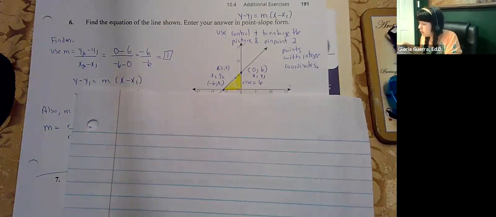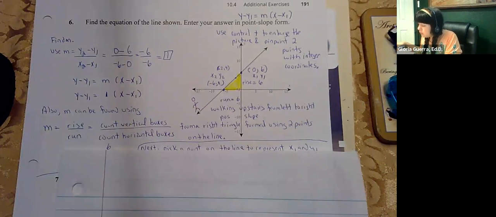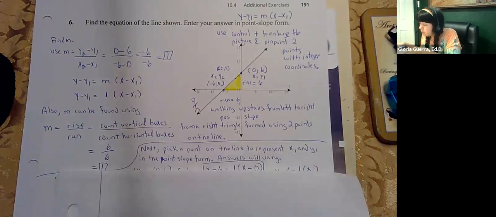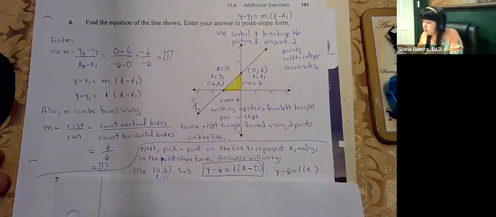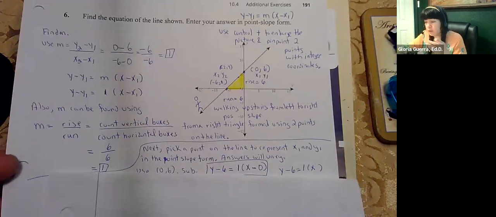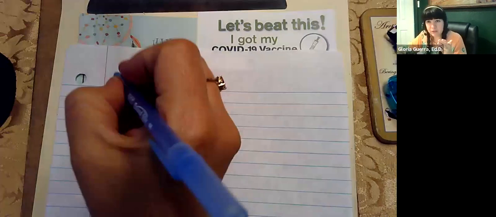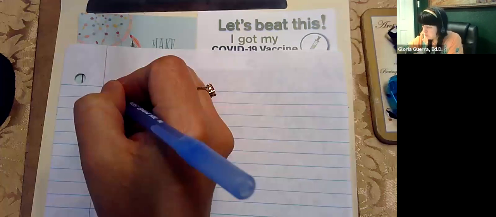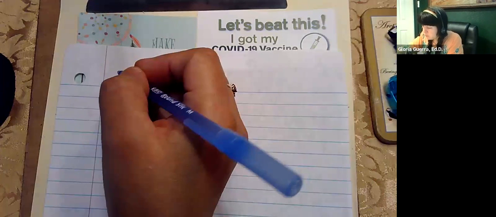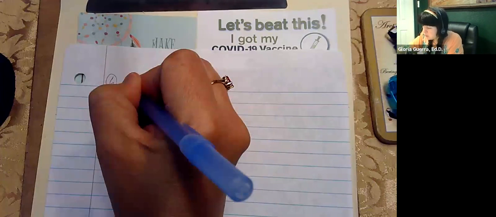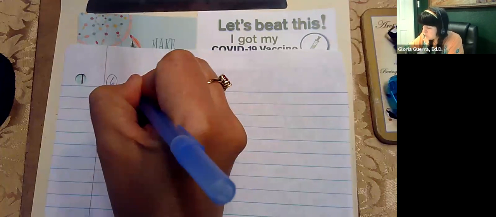Okay, so let me call this number 6 continued. You can do this on the back of page 190, which you should have blank.